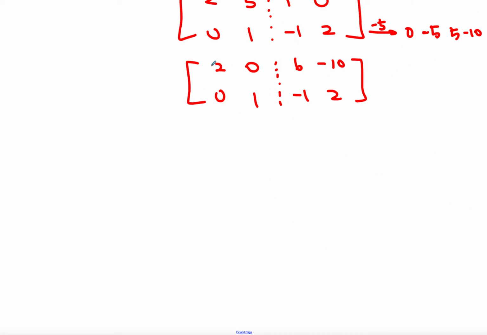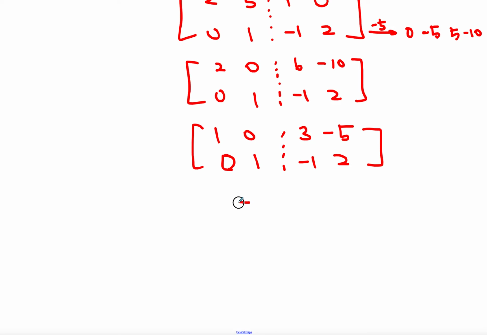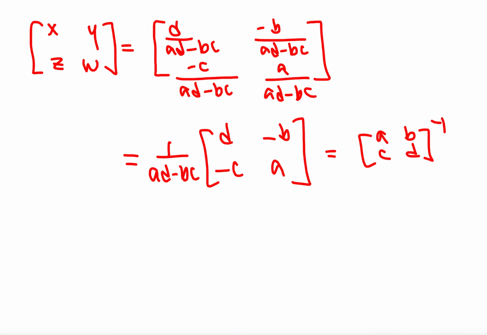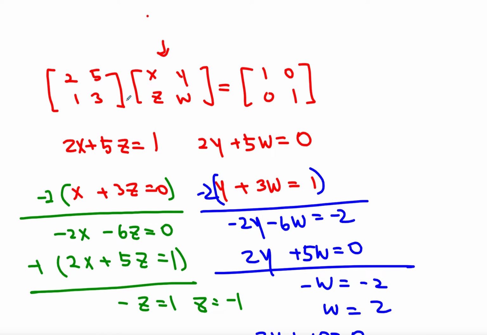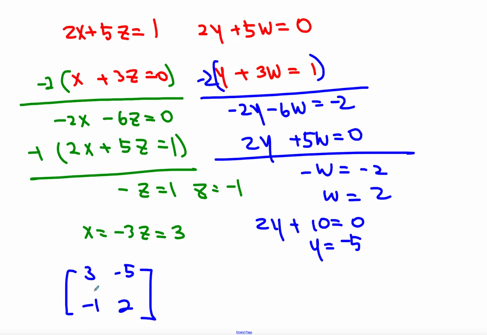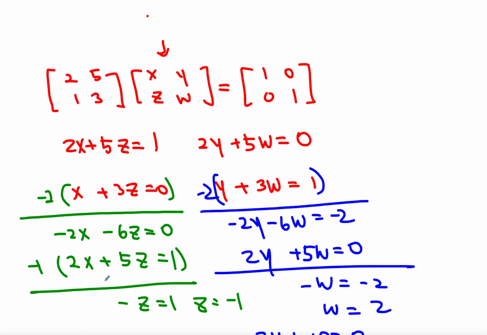Now, I divide the top row by 2 so that I have the identity matrix: 1, 0, 3, -5, and 0, 1, -1, 2. If you remember the very first question, 3, -5, -1, 2 was the inverse of our first matrix.